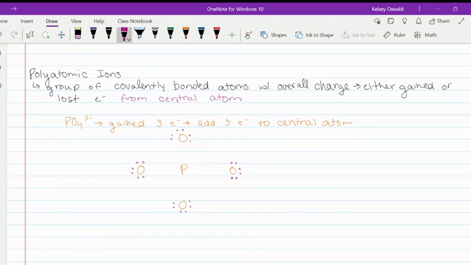And then we know phosphorus is going to have typically 5 valence. However, since we have a -3 charge, that tells us we gained 3 electrons, and we're going to add those 3 electrons then to that central atom. So instead of having 5 valence, that phosphorus is going to have 8.